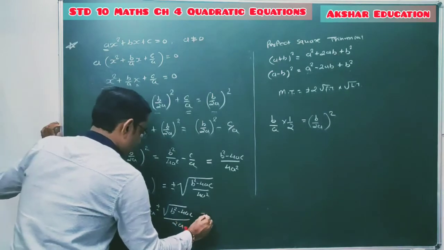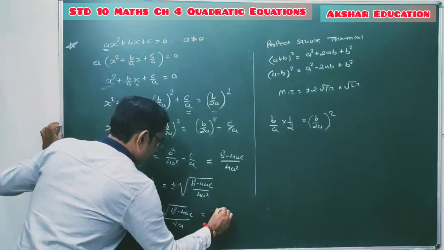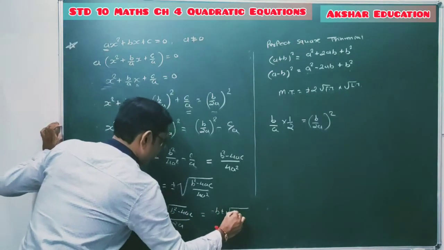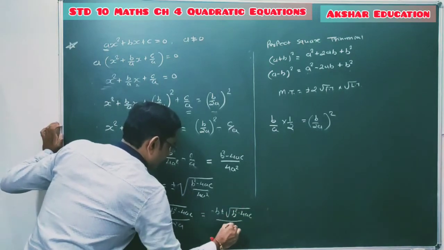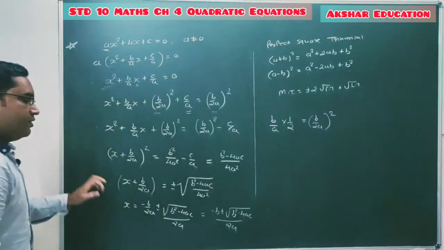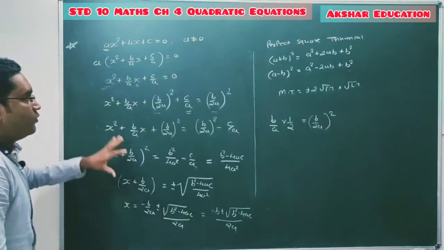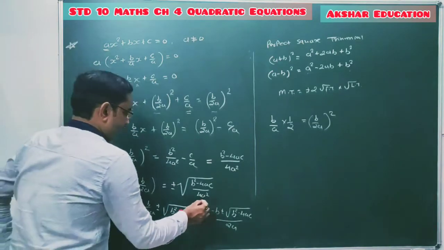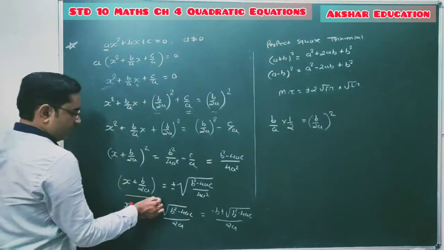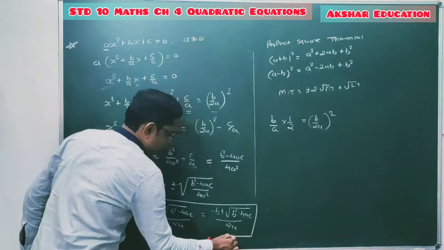So the solution is minus b plus or minus the square root of b square minus 4ac, whole divided by 2a. This is the general formula to find the solution of this quadratic equation. We will directly use this formula for the solution of a quadratic equation in our third method.